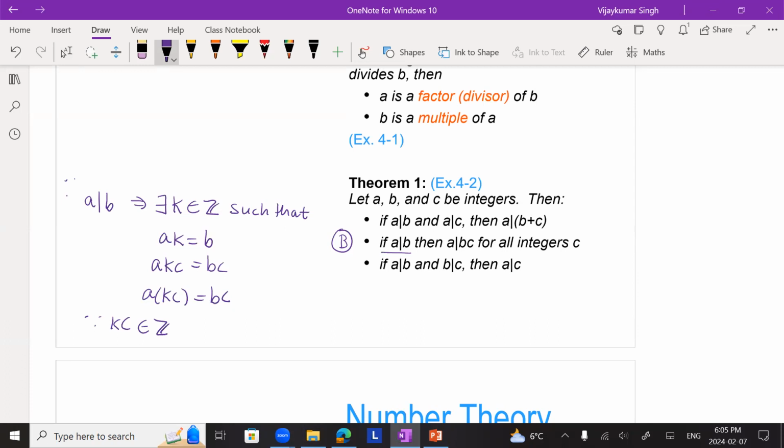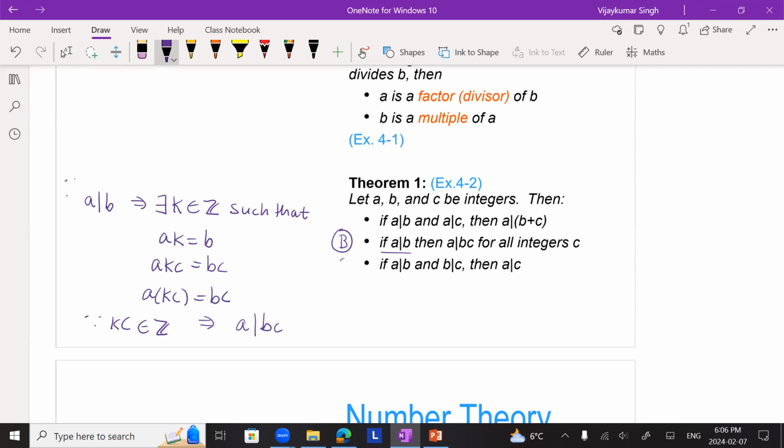So things like this must be spelled out, at least in the game we are playing. So since KC belongs to Z, this implies A divides BC. We're done. So this is the proof of the result that if A divides B, then A will divide BC for any C.